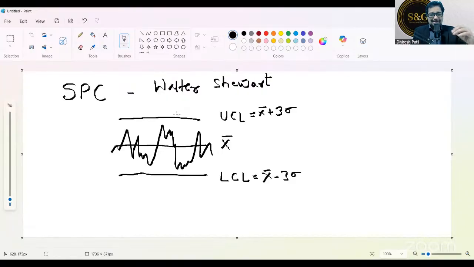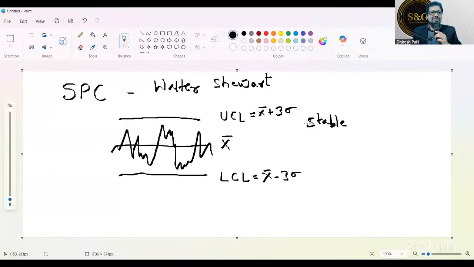So any process which flows within this band, does not go beyond this band, is said to be a stable process. The word used is stable, not capable. Try to understand this. So these two bands, the upper limit and the lower limit, are called control limits.